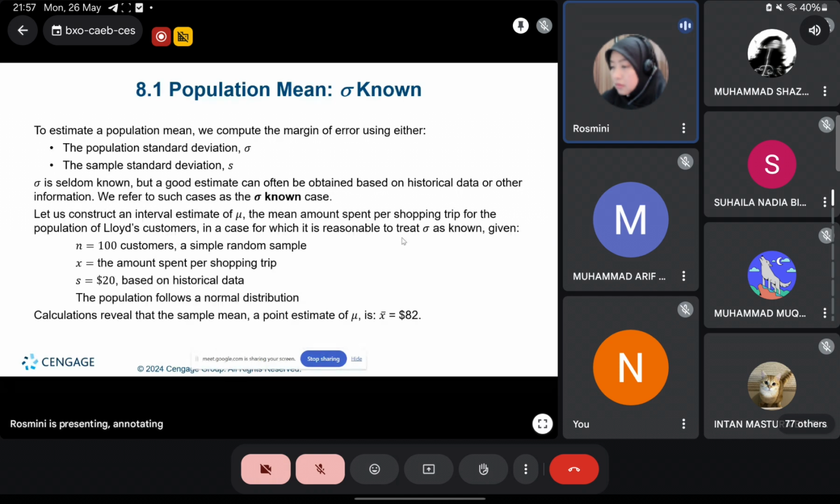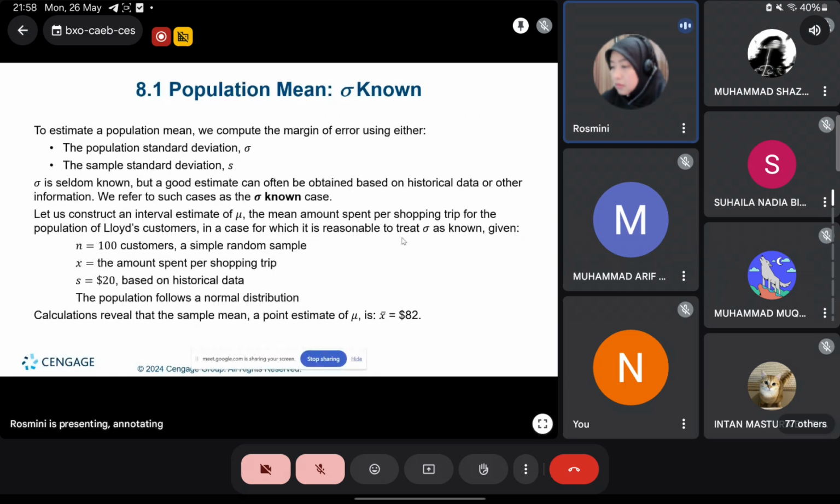We have the population standard deviation, which is sigma, and the standard deviation for the sample, which is S. This one here is for when sigma is known. For example, let's say we have 100 customers, a simple random sample, where X is the amount spent per shopping trip, and sigma is 20 ringgit, the standard deviation based on historical data.